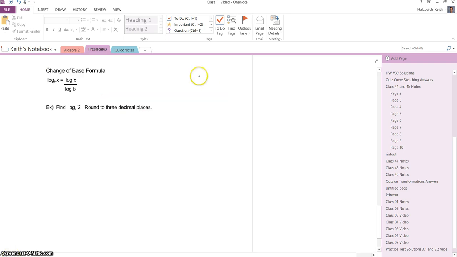We talked about the other day how on your calculator you have a log button, which is base 10, and you have an ln button on your calculator, which is base e. And I showed you how to find logarithms if they were base 10 or ln on your calculator. However, let's say you're trying to find log base 3 of 2 using your calculator.